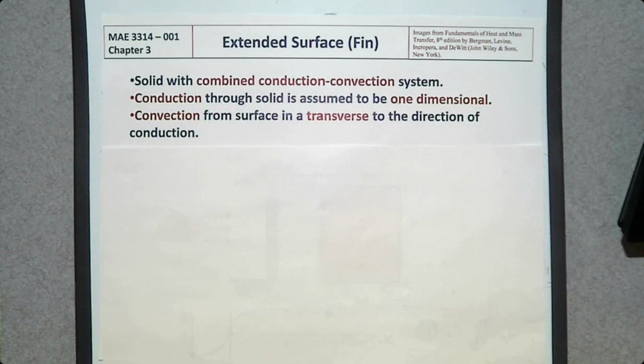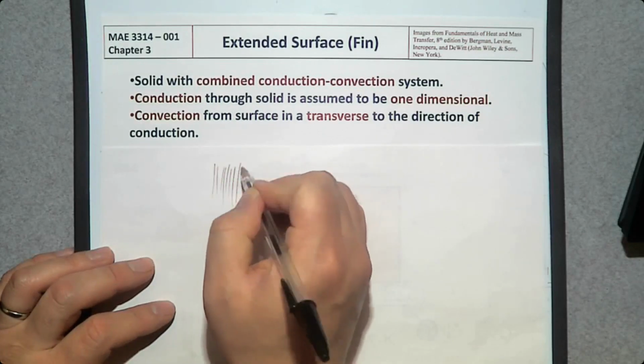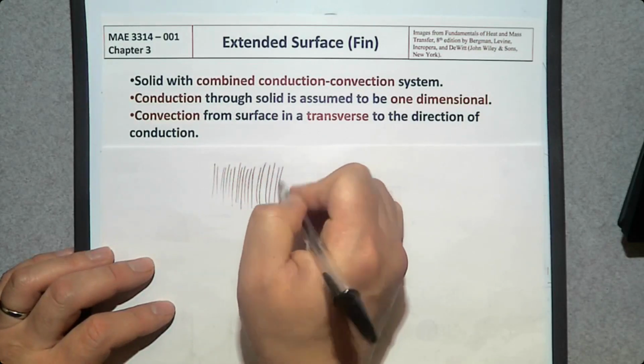Like for example, one of the places where you can see a fin is going to be inside your car engine. So if you open the engine room, what is placed right in front of your engine? There's a fan, right? And what is behind the fan? You have a fin. Looks like this, right?